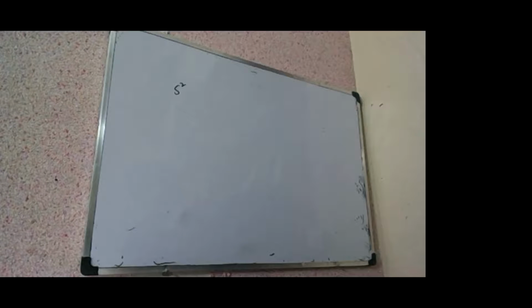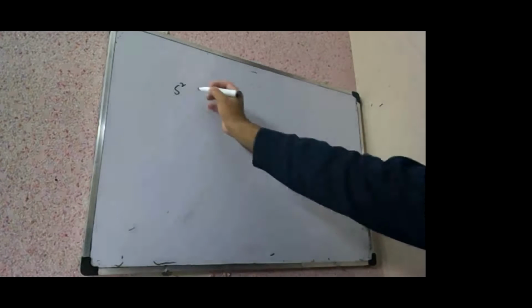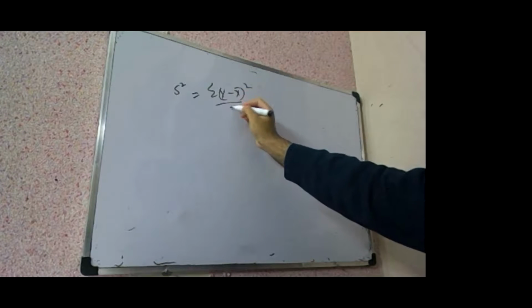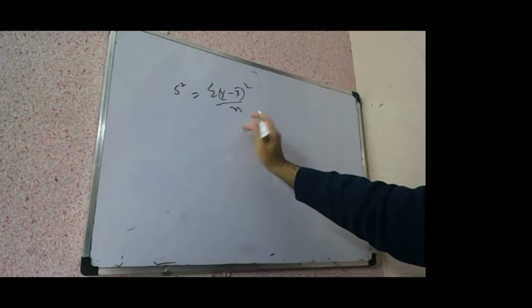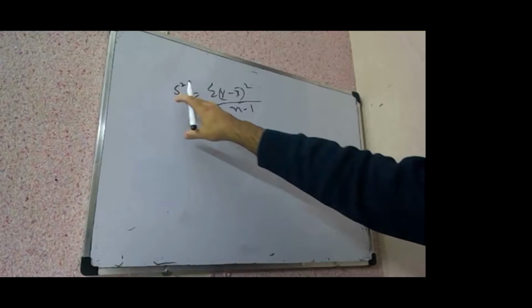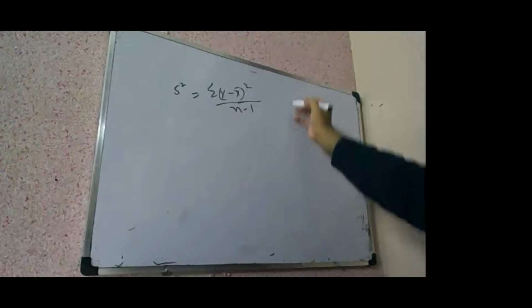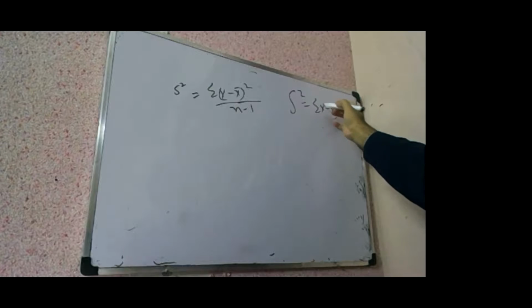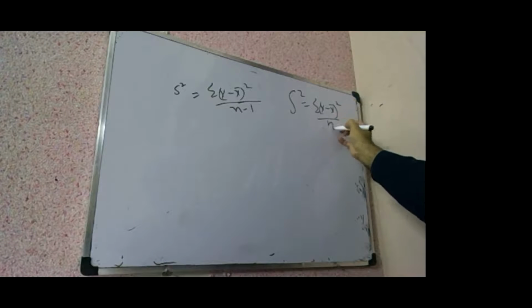The formula of small s square is the sum of x minus x bar square upon n minus 1, whereas big S square is the sum of x minus x bar square upon n.